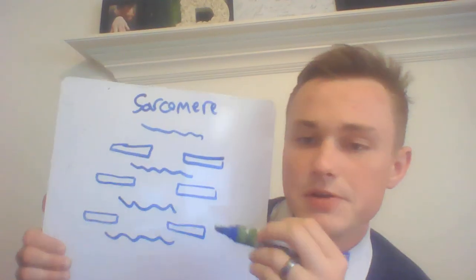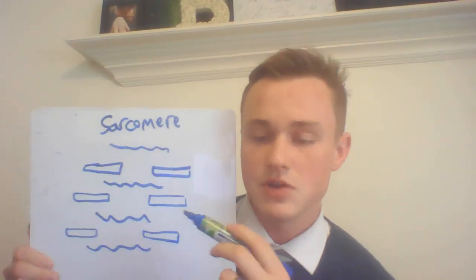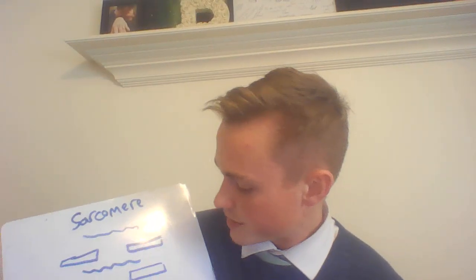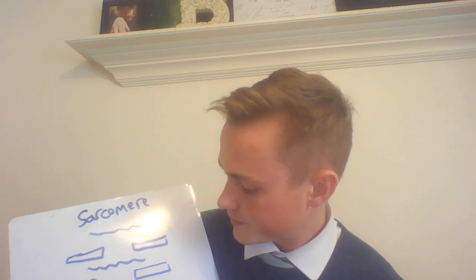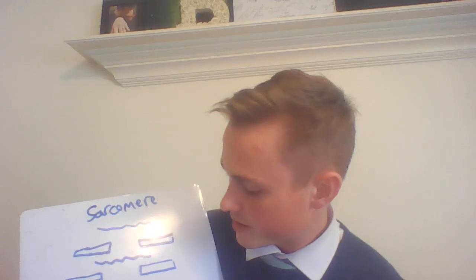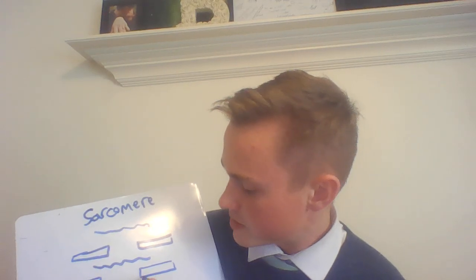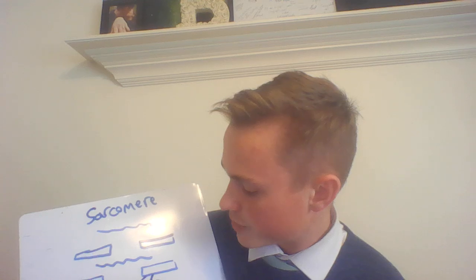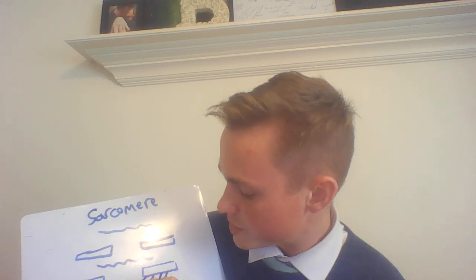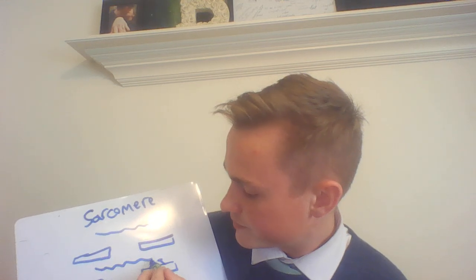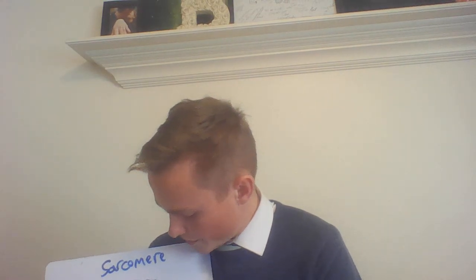And this pattern, this organization inside of our skeletal muscle, is what gives our skeletal muscle a distinct striped look, because it's very organized, which is good because that makes our contraction or our movement more efficient. So I'm going to finish drawing this real quick, and then we'll go over what each part is and why it's important.